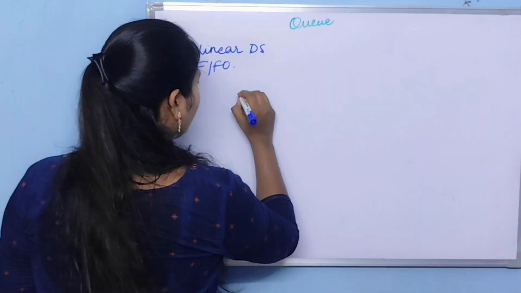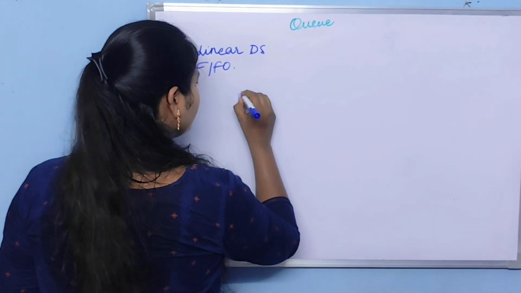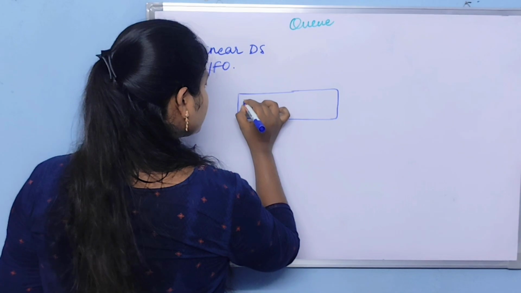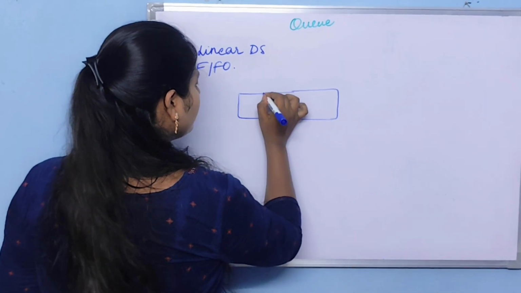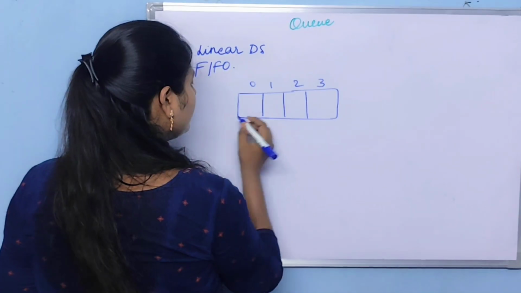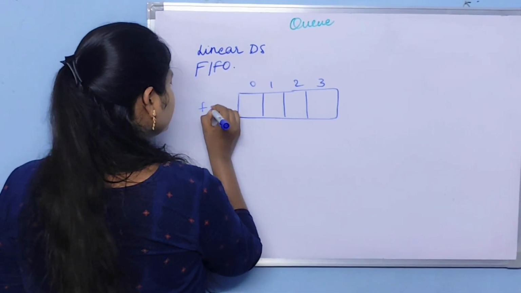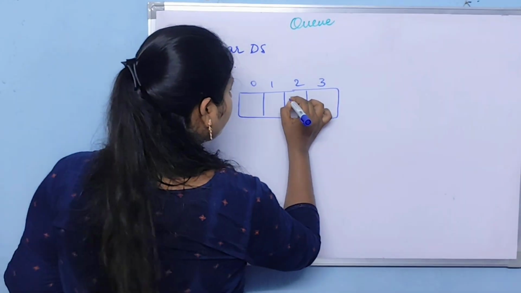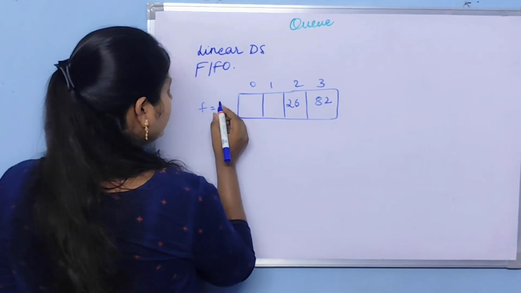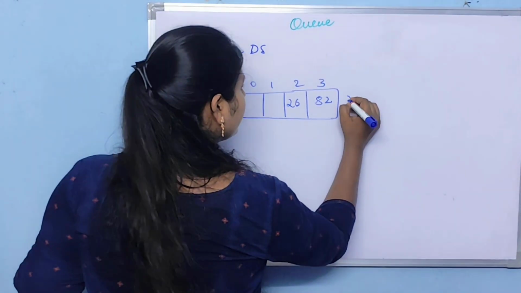Suppose you have deleted the first two elements of a queue. Okay, my front equals 2 and rear equals 3.